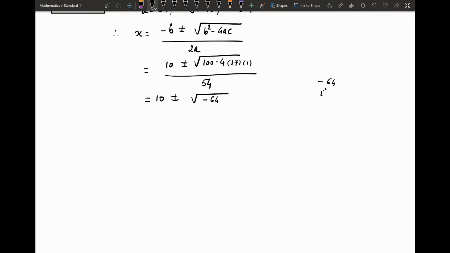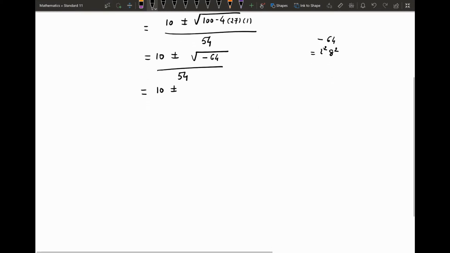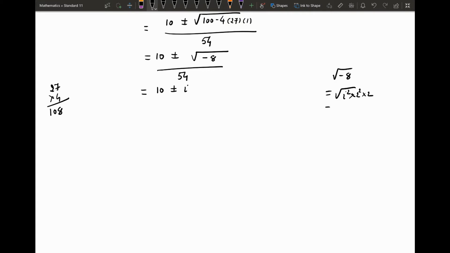Minus 8 means i square into 8. So upon 54, so 10 plus minus i root 8. On simplification, 8 is 2 square into 2, so this is 2i root 2, so 2i root 2 upon 54.